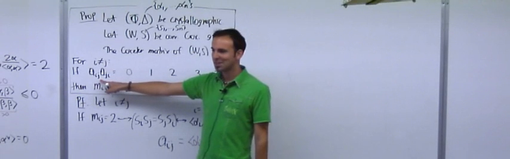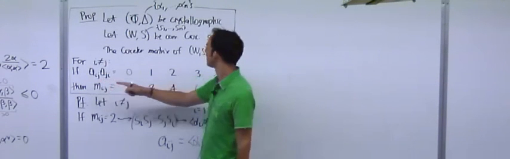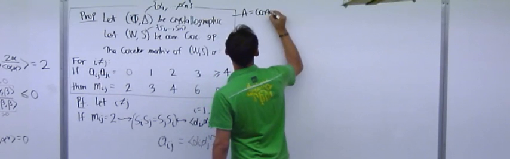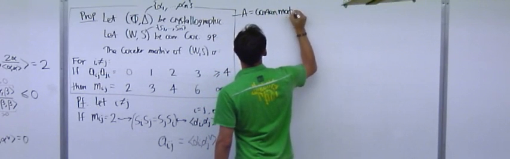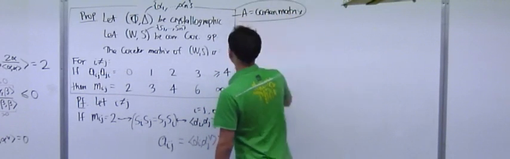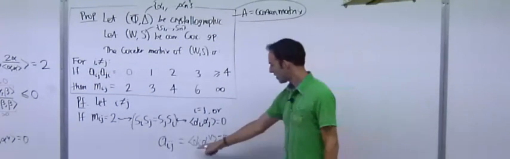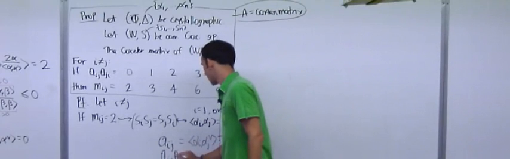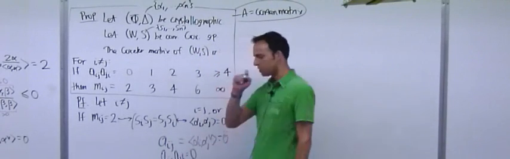So A equals the Cartan matrix. This is the number that goes in the Cartan matrix. aij is 0, which means that aij times aji is 0.